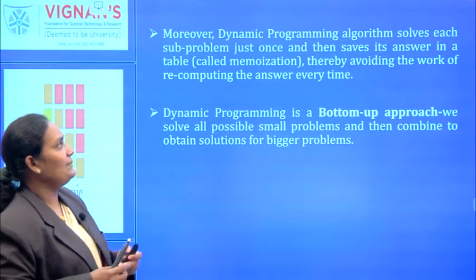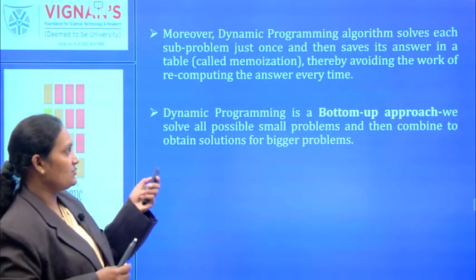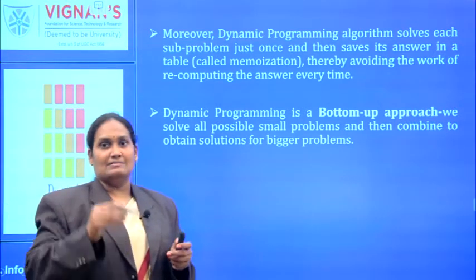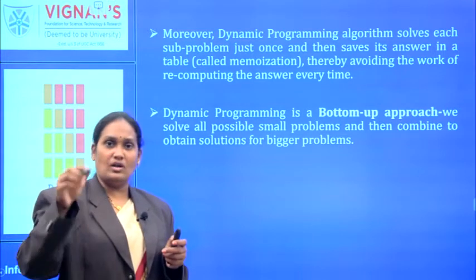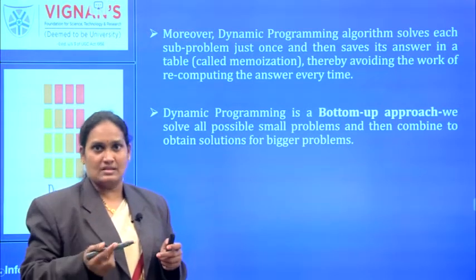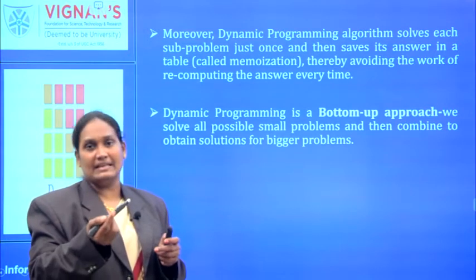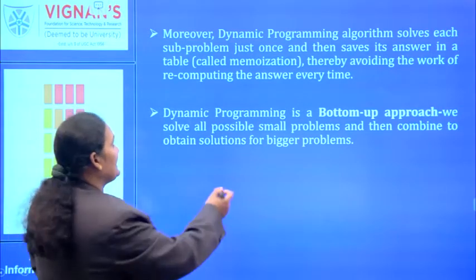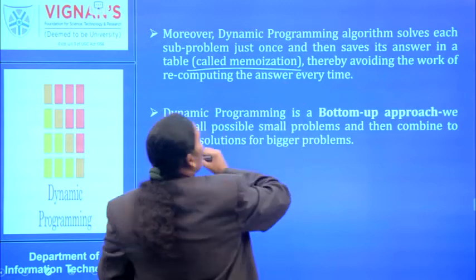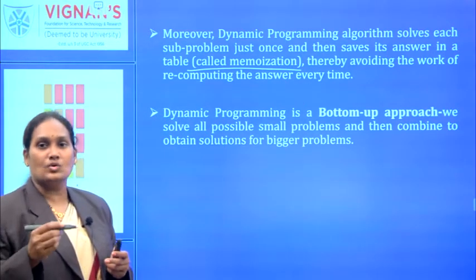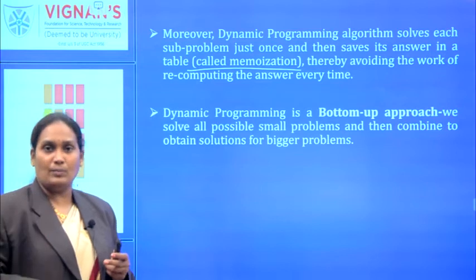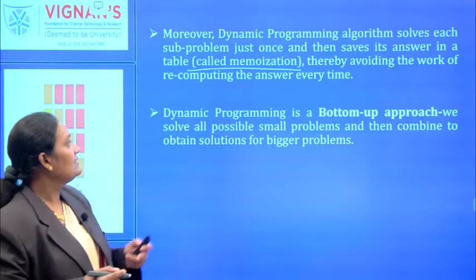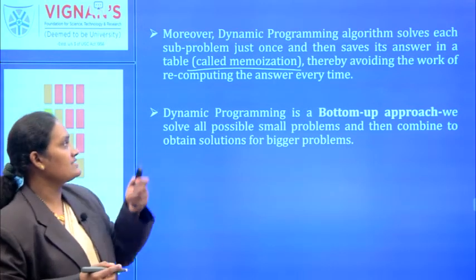Moreover, a dynamic programming algorithm solves each subproblem just once and saves its answer in a table. After solving each subproblem, we get solutions, and those solutions are placed in a table. The process of storing the solutions of subproblems in dynamic programming is called memoization, thereby avoiding the work of recomputing the answers every time.